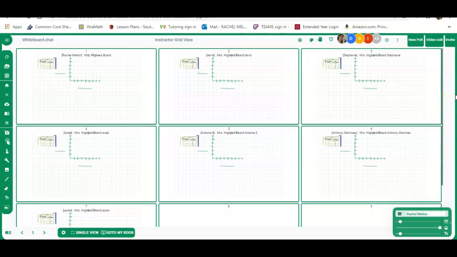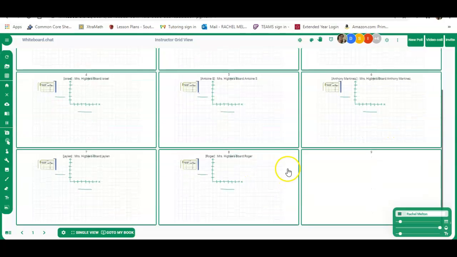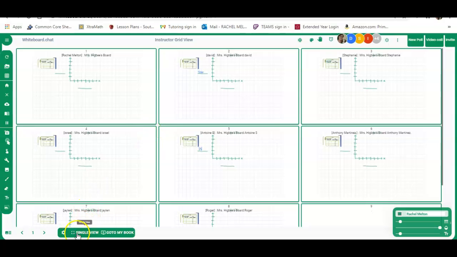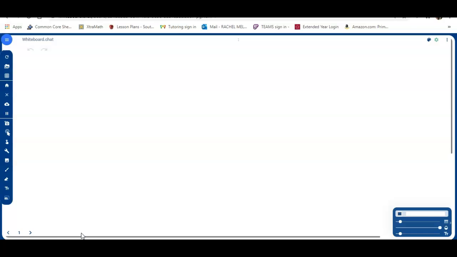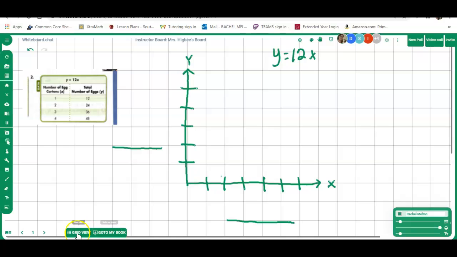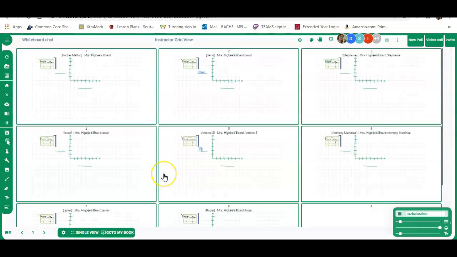I see Stephanie is in, Israel, Antoine, Anthony. I see Jalen and Roger. I see David is in.